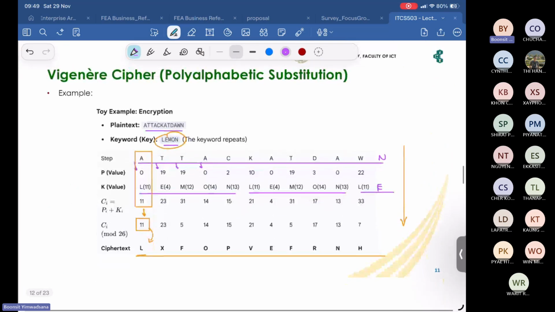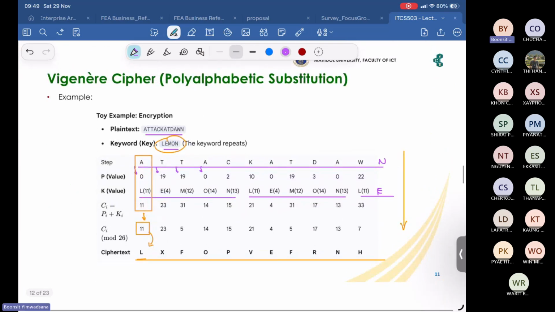And in this case, the keyword is not just one letter. It is several letters or several keys. In this case, the key consists of 5 elements. LEMON. The position of LEMON I use, and the plain text is attack at dawn. But the key consists of 5 elements: L, E, M, O, N.